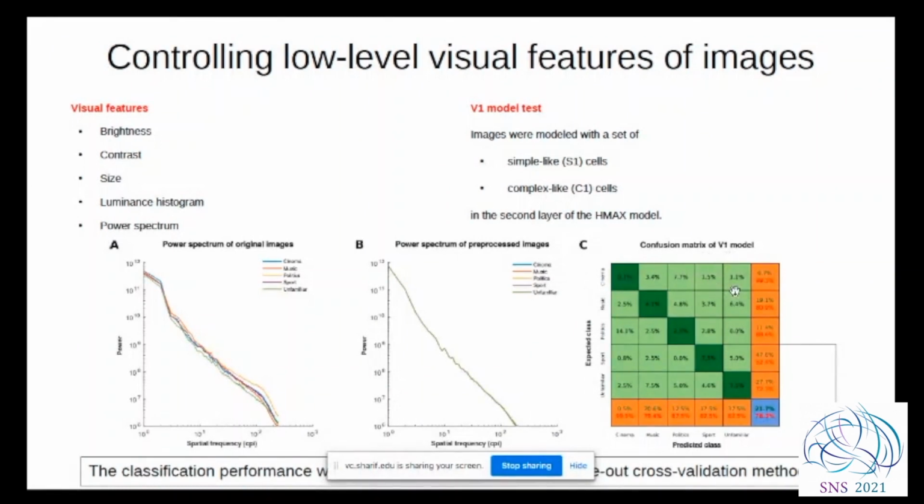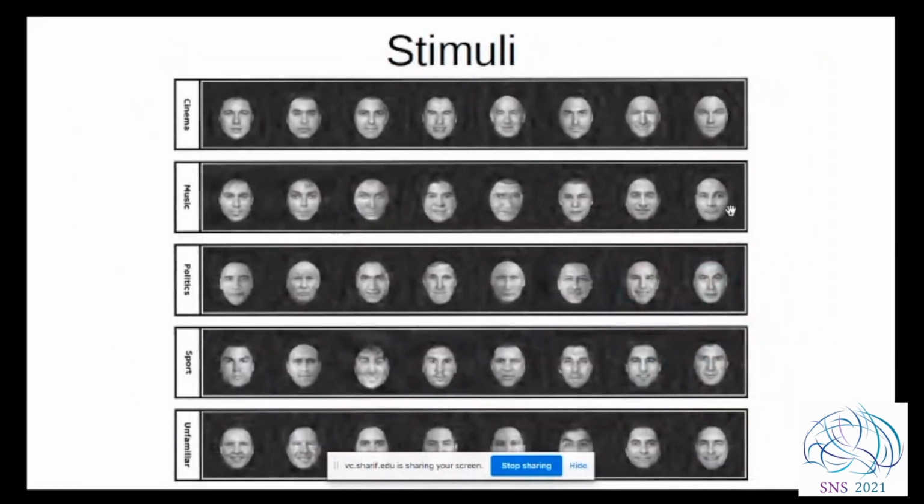So these face images were not discriminable based on low-level factors. And the reason that you see some patterns in the background is because of this equalization process, mainly because of matching the power spectrum.